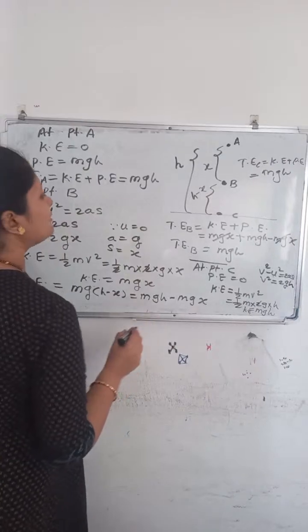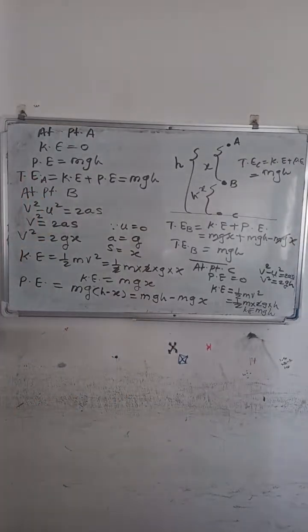So these are the total energies at the 3 different points. If you observe all 3 points, the total energy is mgh. From this we can conclude that the total energy at points A, B and C is equal to mgh.